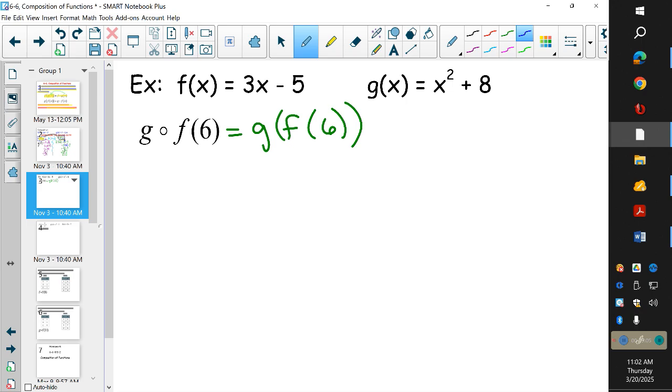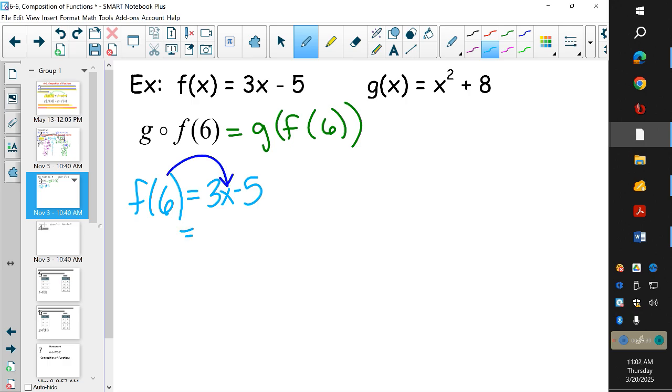Okay, so now which direction do we work from? Inside out. So what is the number touching? So I am going to do F at 6. What is F defined to be? 3x minus 5. And every place I see an X, what goes inside of there? A 6.